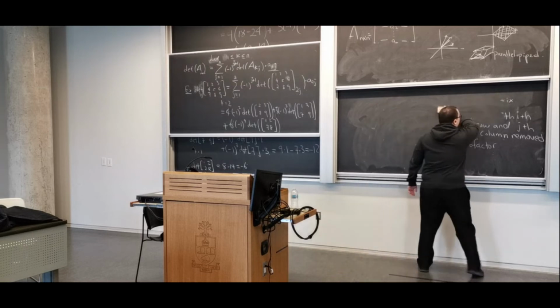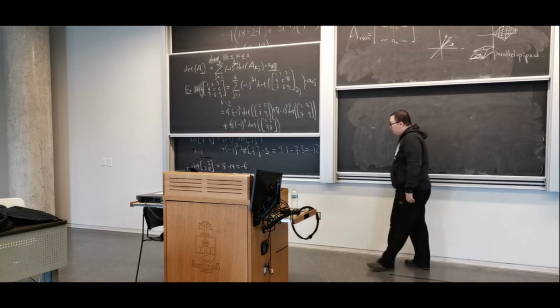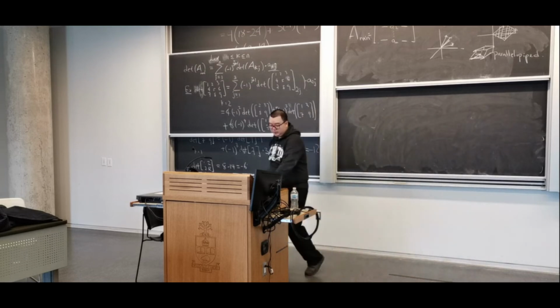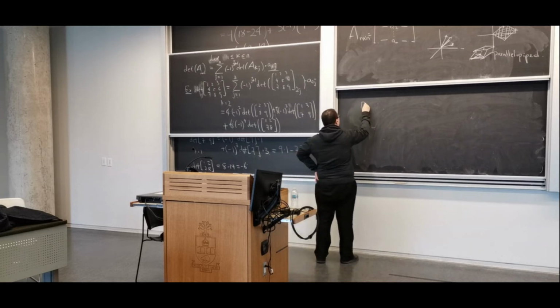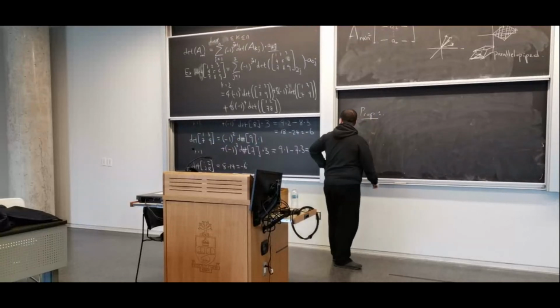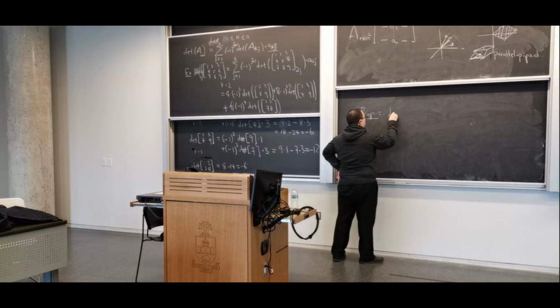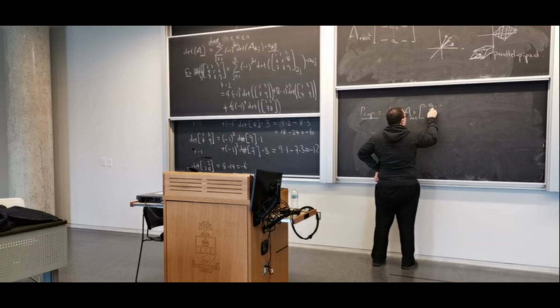It's pretty interesting because the following fact is not immediately obvious on why this is the case. Why does the following proposition hold? Let A be a square matrix, an n by n matrix with columns A1, A2 to AN.